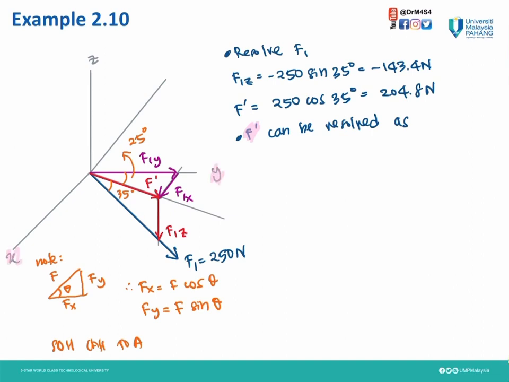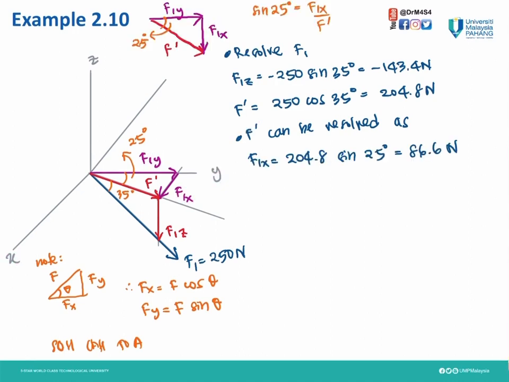So we name them F1X and F1Y, because F prime initially belongs to F1. To find F1X, we need to use sine. So sine 25 is the opposite divided by the hypotenuse.